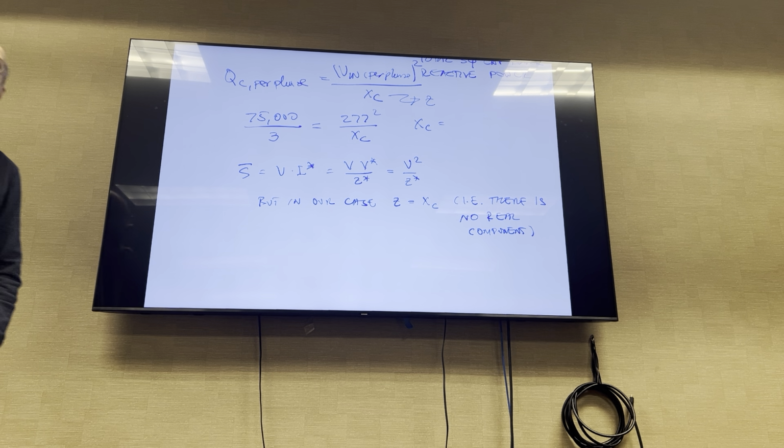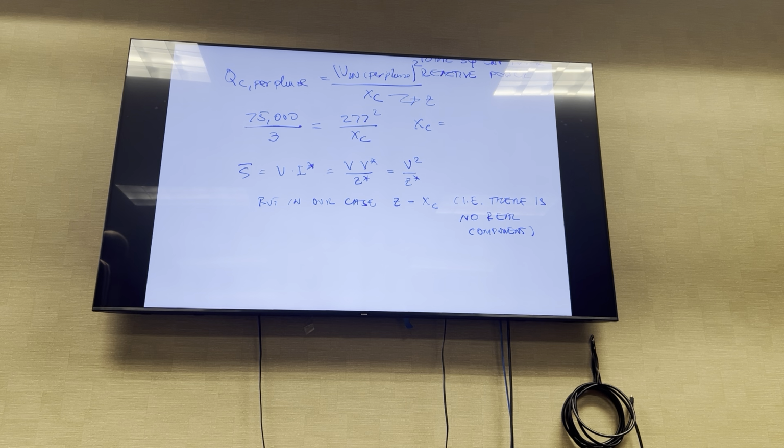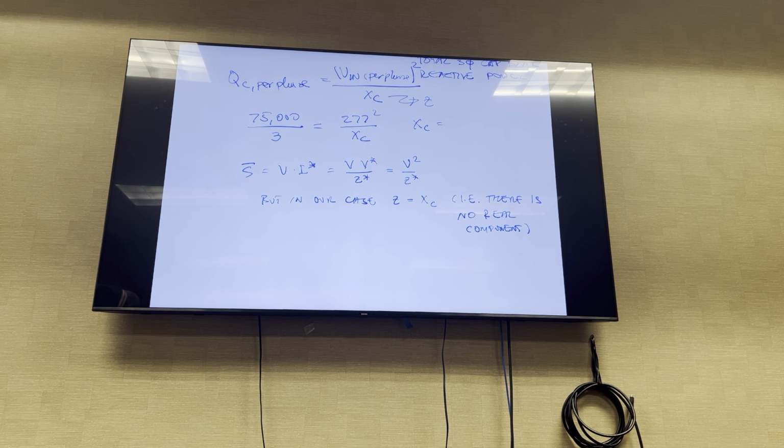In other words, if I have two elements in series, you have to be careful because I'm going to have a complex number here. Yeah, I can still use this equation, but I have to be careful about the signs of Z complex conjugate.